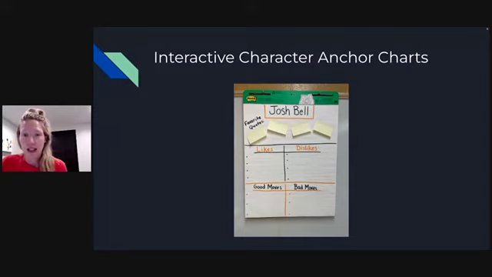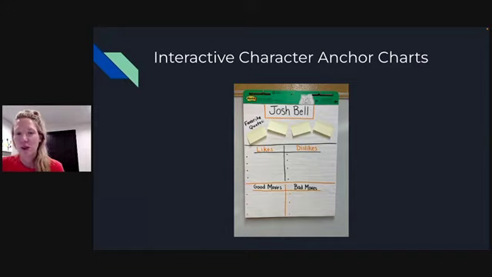The next categories there are likes and dislikes. What does the main character like? What does the main character dislike? And then the very last, I call it good moves and bad moves. It could be like good decisions, bad decisions. What are the places where the main character is making good decisions, and where are places that the main character has some flaws and probably makes the wrong choice, which ultimately leads to the conflict of the story?